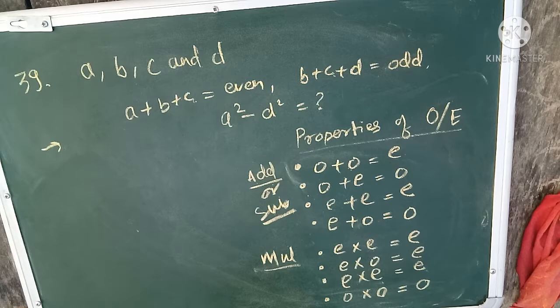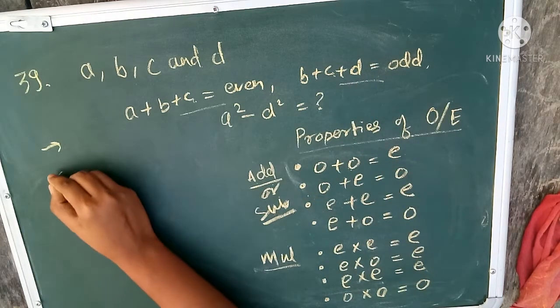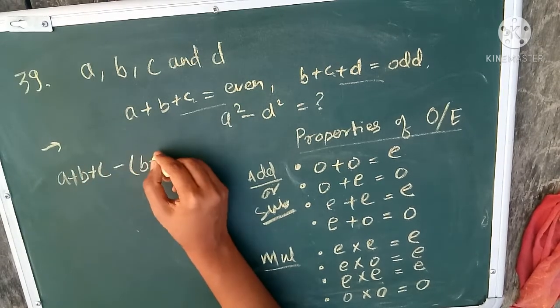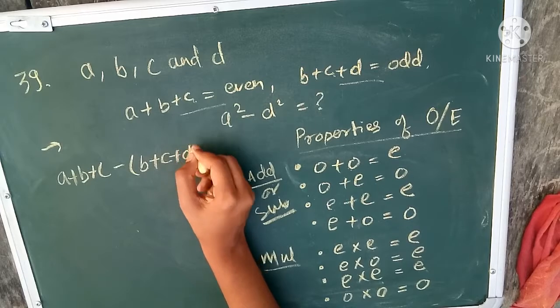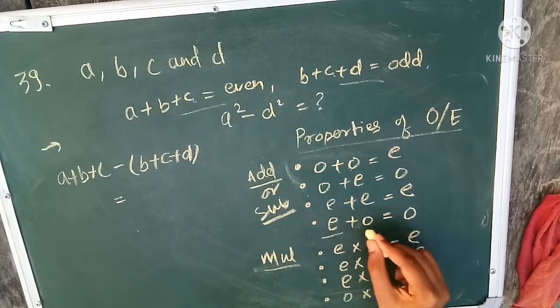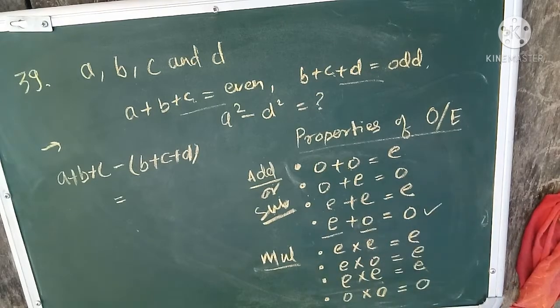So in this question, it is given that the sum of a, b, c is even and the sum of b, c, d is an odd number. If we subtract these two equations, that is a plus b plus c minus b plus c plus d, what will we get? The subtraction of even and odd is always odd.